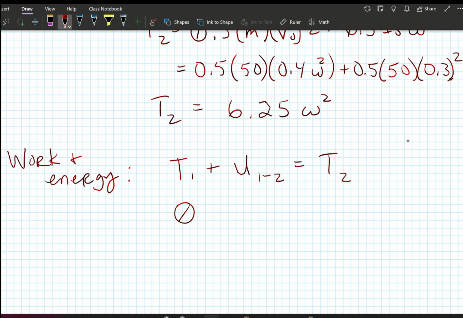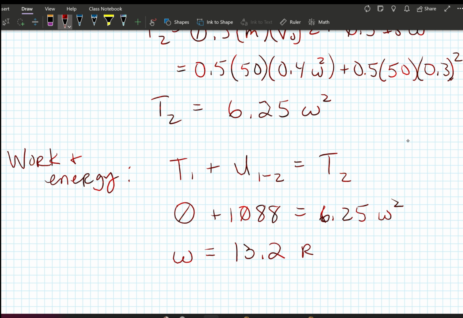So 0 plus 1088 from above equals 6.25 omega squared from directly above. And then solving for omega, you do the algebraic details in between, you get 13.2 radians per second.